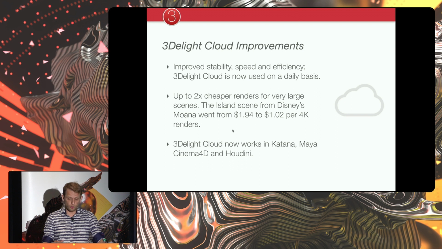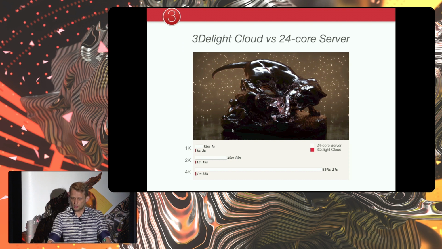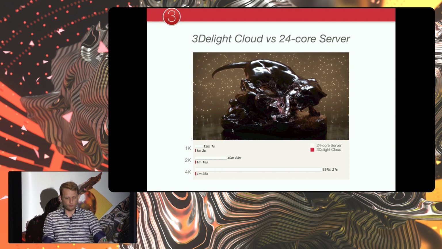And 3Delight Cloud now works in mostly all plugins: Katana, Maya, Cinema 4D, and Houdini. I wanted to show you some timings here for some renders that our clients did. 1K, 2K, and 4K renders. As you can see, it goes pretty high with 4K renders. And this image in particular has volumes inside it. That's why it's pretty slow to render. But as you can see on the cloud, we have constant render time.